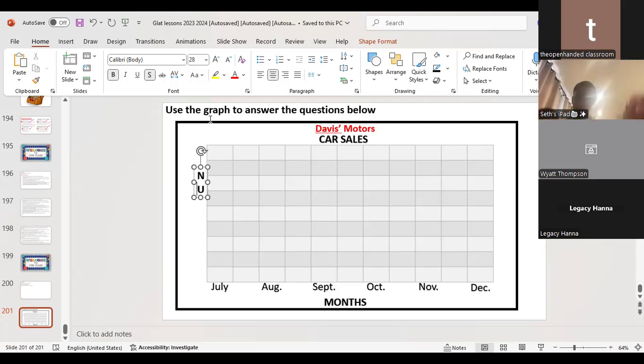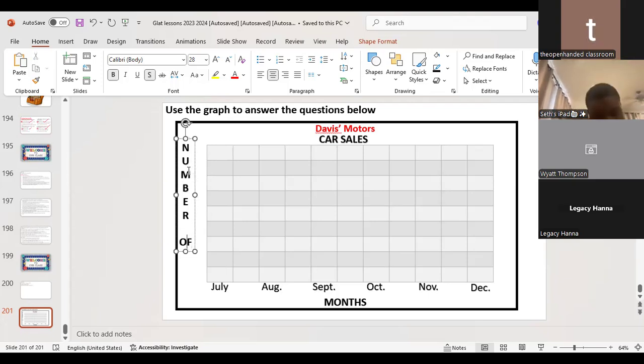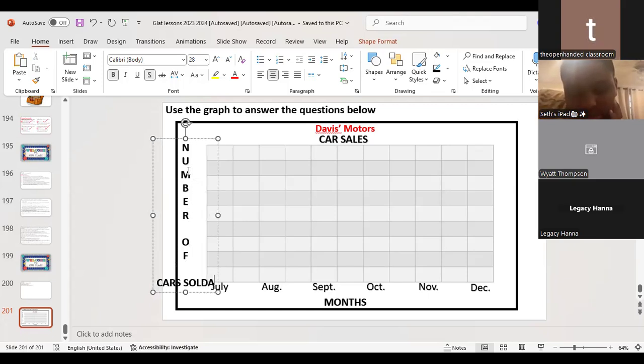All right, then on the side we have a number. Number of cars sold.